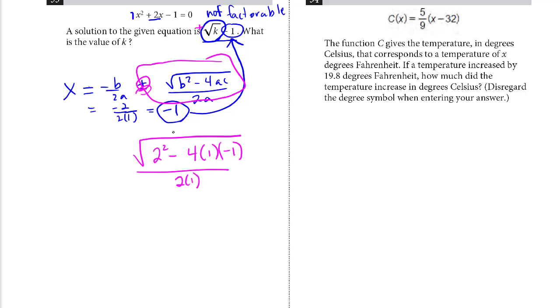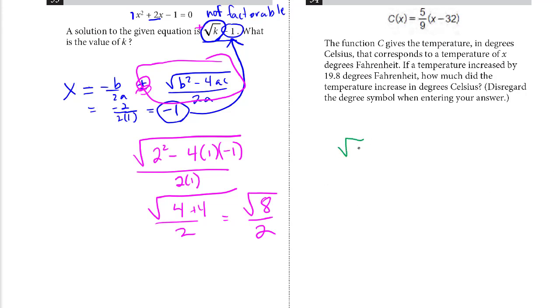Okay, so that's going to work out to simplifying the square root of 4 minus minus 4, which is plus 4, over 2, which in turn is the square root of 8 over 2. And now I can simplify the square root of 8.